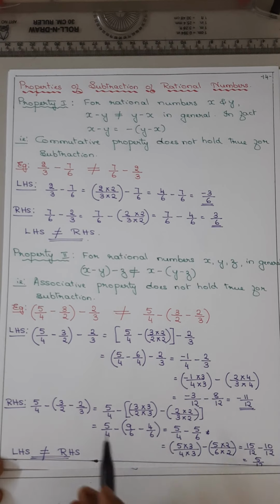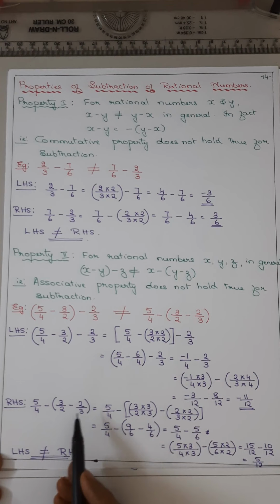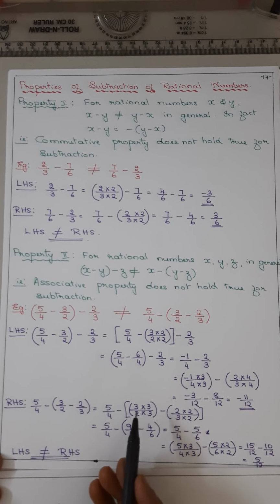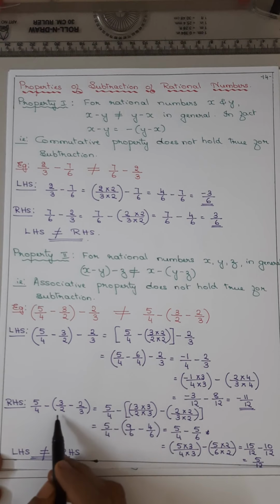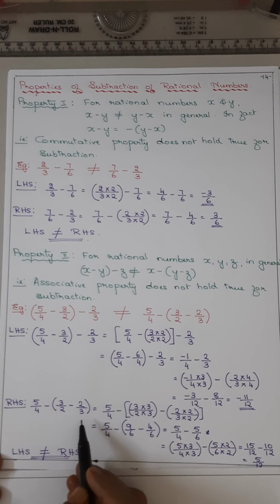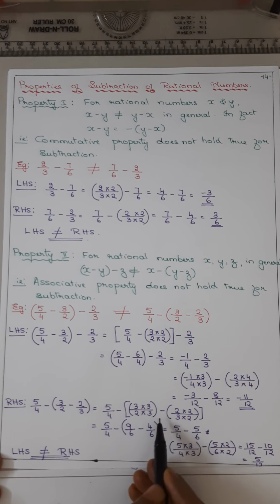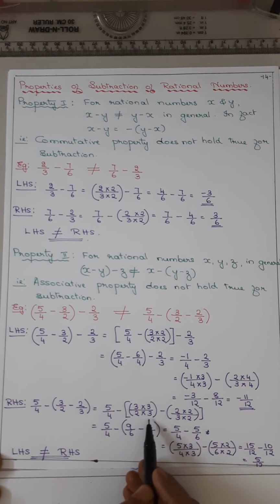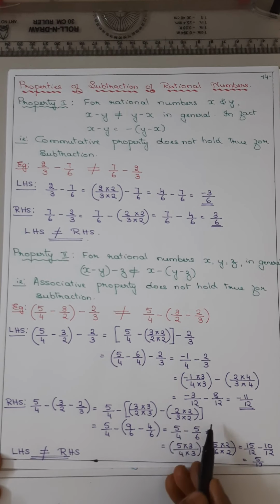Now coming to the RHS, write the question. So second and third you have to do first. So 5 by 4 as it is. Now 2 and 3. The LCM is 6. So 3 by 2, 2 3s are 6. So multiply by 3. Minus 2 by 3, 3 2s are 6.